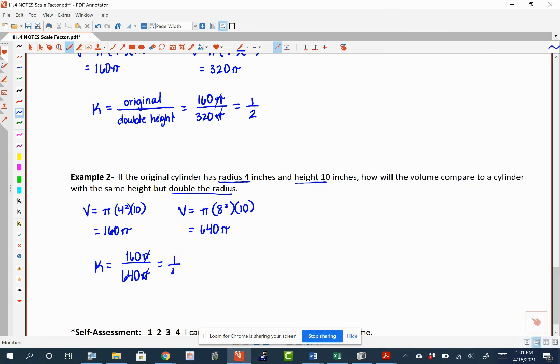So we end up with a scale factor of 1/4. So when we change the radius and double that, then we end up with 1/4 the size. So our radius being doubled and our height staying the same, it tells me that my original shape is 1/4 the size of our new shape.